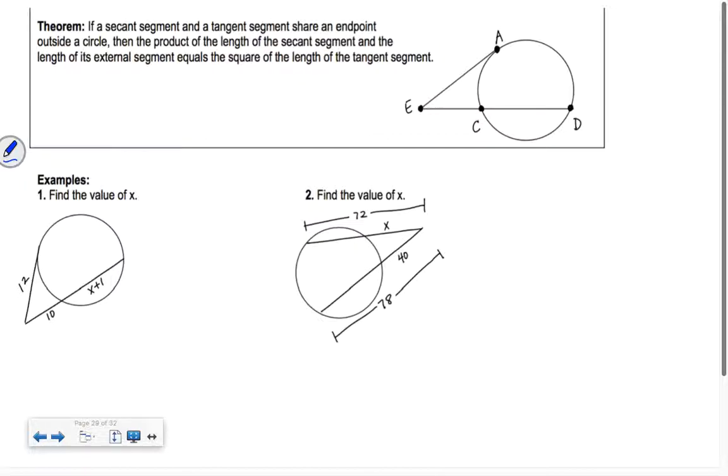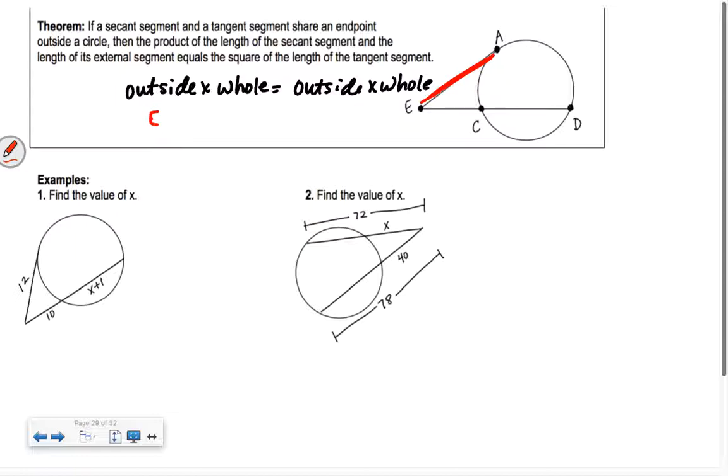So we'll do outside times whole equals outside times whole. If we have something like this, it's still outside times whole equals outside times whole. But this is a little bit different. Do you guys see what's kind of messed up with this picture? It doesn't have the whole thing, right? It doesn't have any part that's interior for this line.